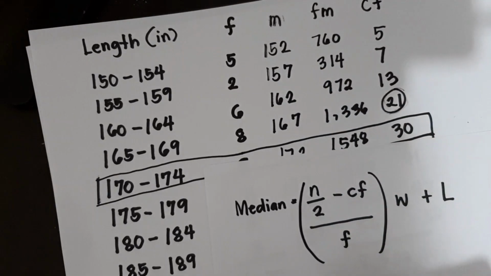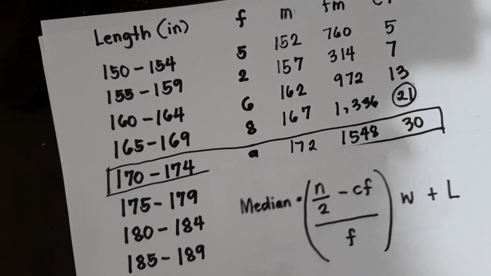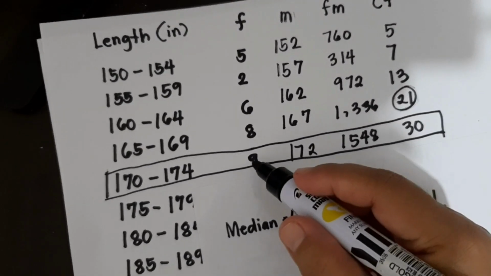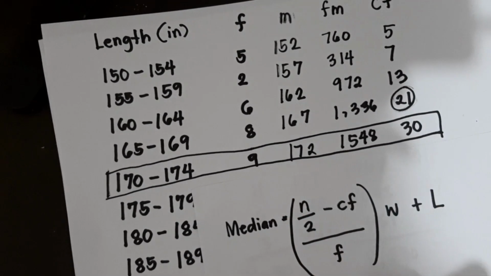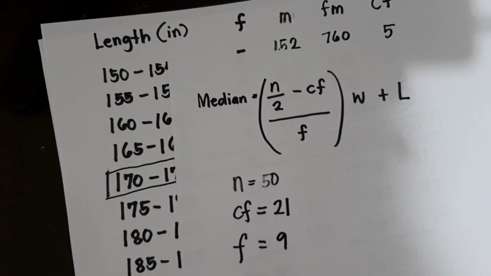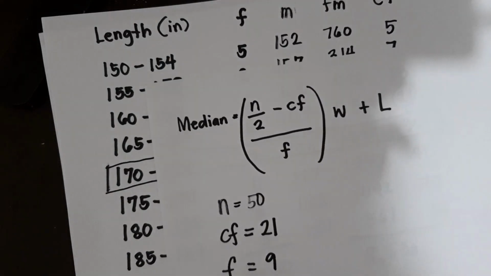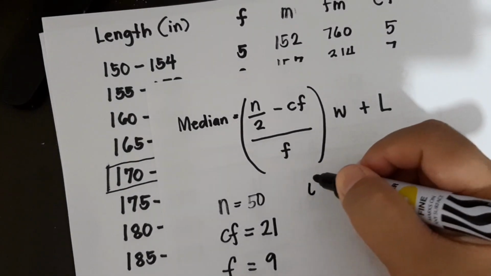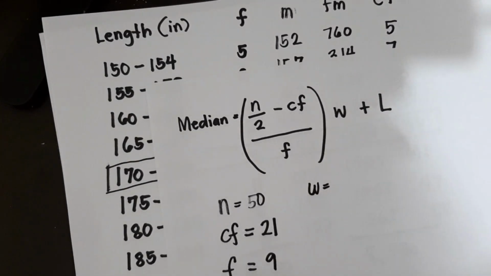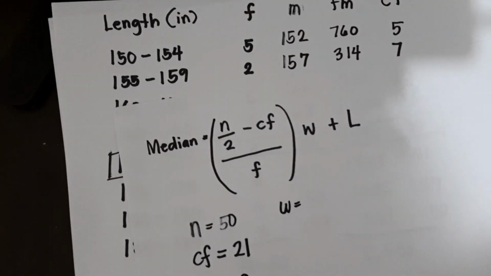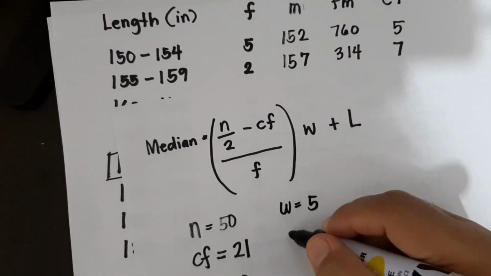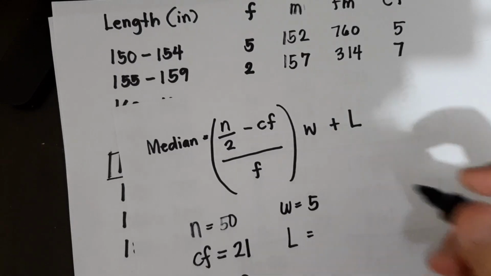And then next is F, which is the frequency of the median class. Ito yun. We have 9. And then next is the width or the interval. Ang interval natin, or W, is equal to 5. And then ang L natin ay saan ba galing yan?